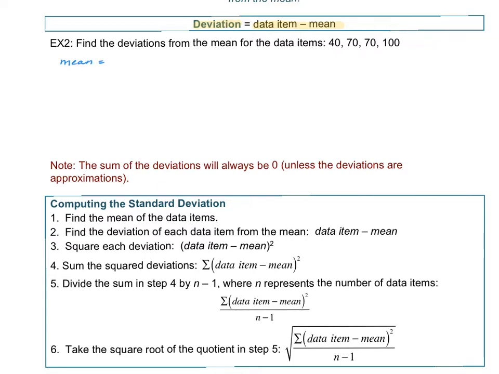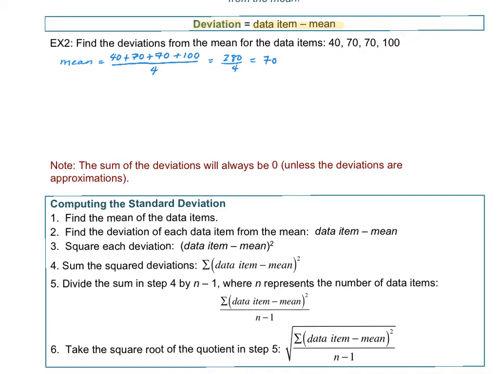So remember, the mean is add everything up. So it'd be the 40 plus 70 plus 70 plus 100, and divide by how many you have. We have 4. This should be 280 over 4. And our mean is 70.